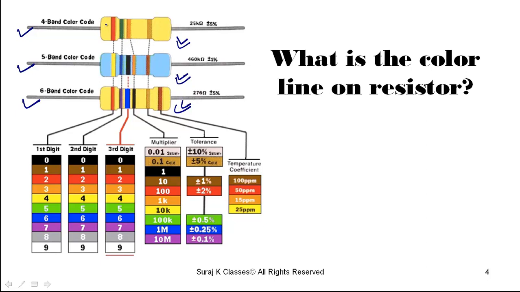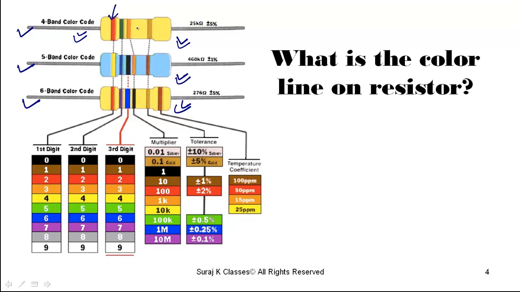Now let's take an example of a single 4-band color code resistor. The first question that would come to your mind is, what is my first color, what is the sequence to read these color codes, I mean, from where should we start?